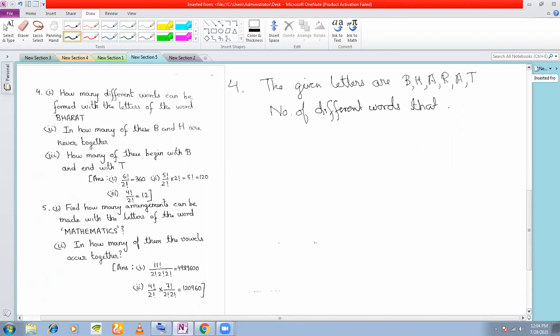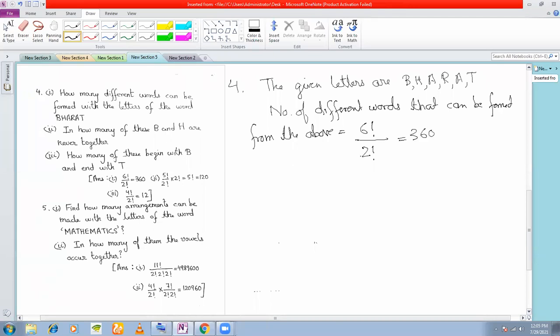How many letters are there? There are 6 letters I can see, right? If I'm counting correctly, 6 letters. Yes, sir. And A is repeated twice. Yes, sir. So I have a factorial 2 in the denominator. So that's it. So this will come to 360.